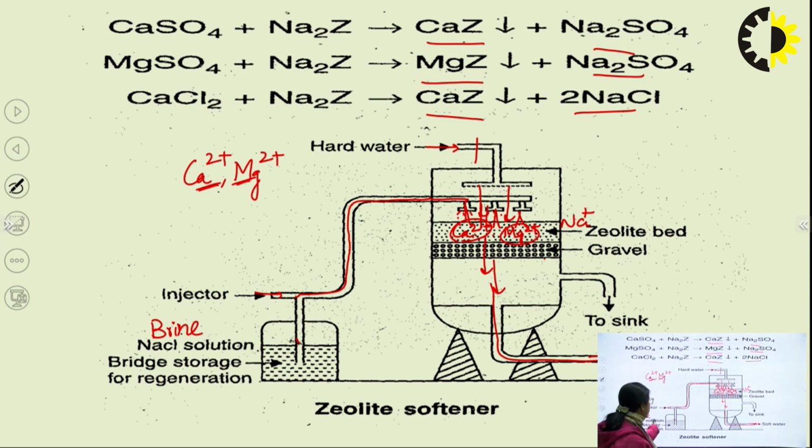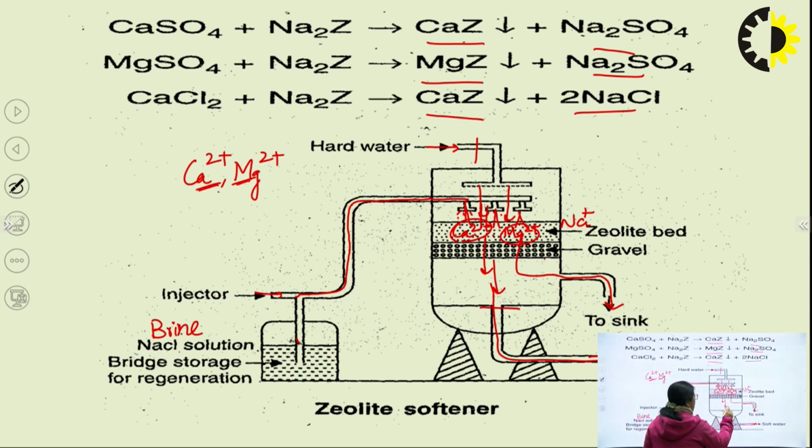So for regeneration, when NaCl solution is passed through the zeolite bed, sodium ions are incorporated back into the bed, and the outgoing water contains an excess amount of calcium and magnesium ions. And now this water containing excess calcium and magnesium is shown out through the sink.